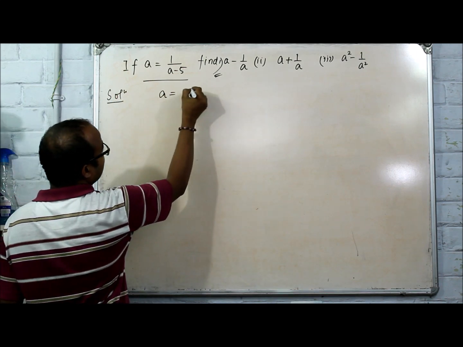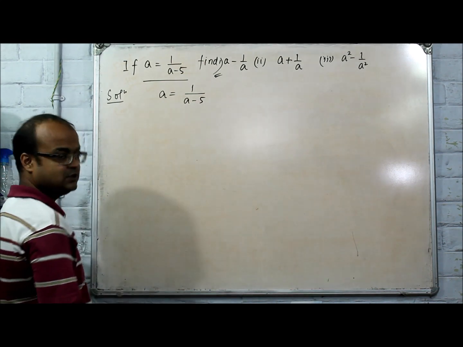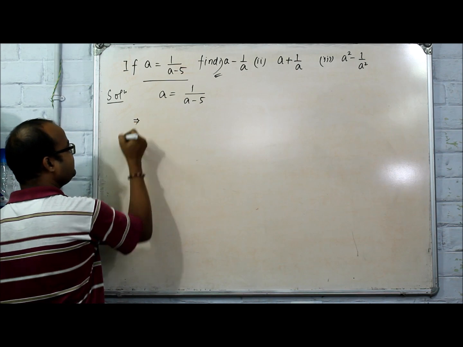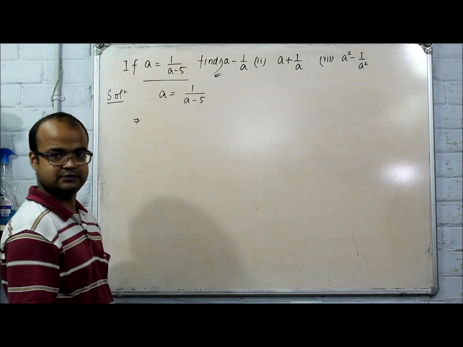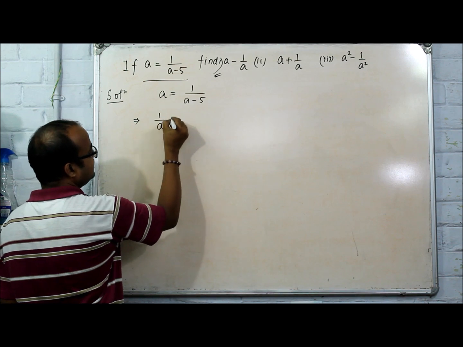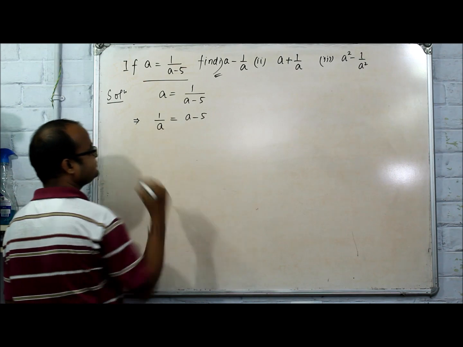There are two ways you can proceed with this. The first way is if you take the reciprocal on both sides. So 1 becomes 1 by a and this will become a minus 5.